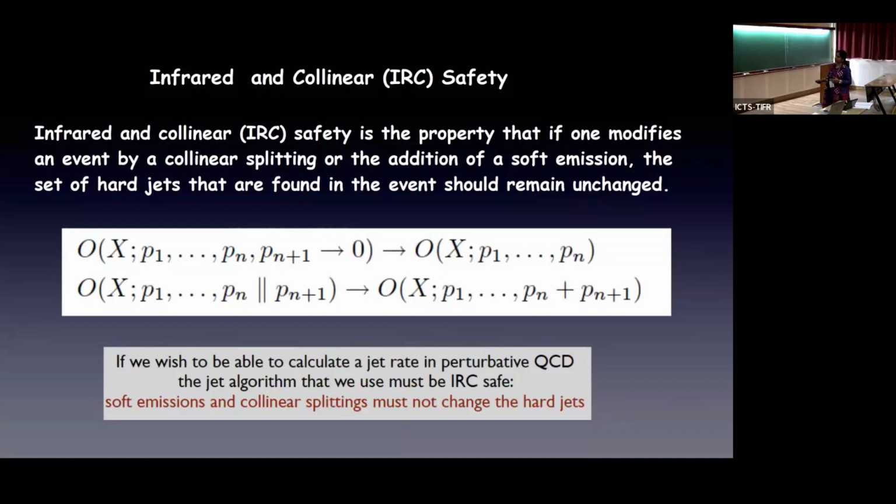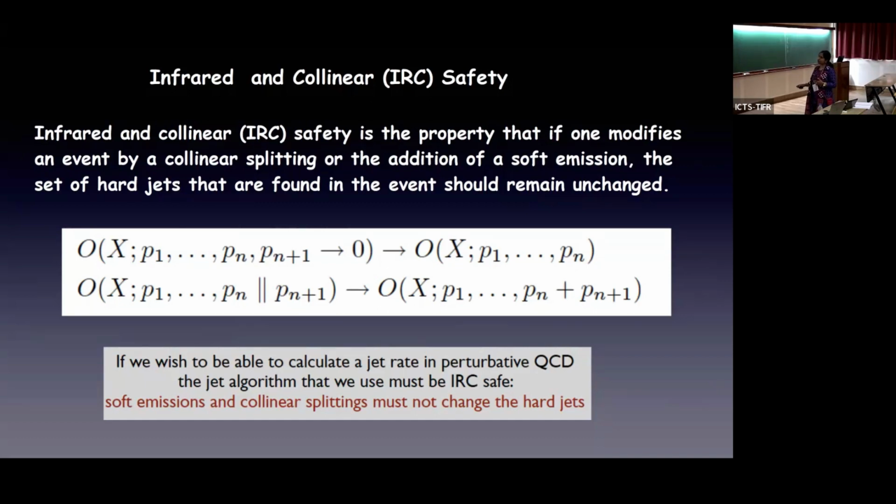So let's say you have added here a soft emission. Then the algorithm should give you the exact same number of jets as it was earlier, like Pn. And if you emit another collinear emission, or add a particle, I'll show you how it works, it should also be resilient to that.